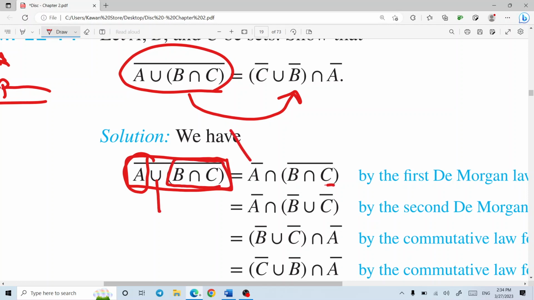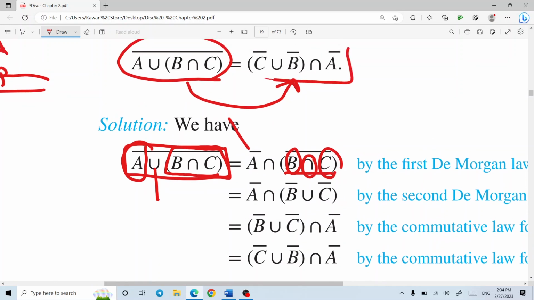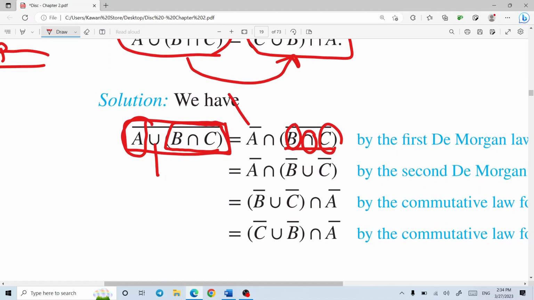Complement is doing what? De Morgan again. Make that one B complement union C complement. Am I right? We talk about distribution; here you cannot use it. You need commutative, so I can swap this part with that part.